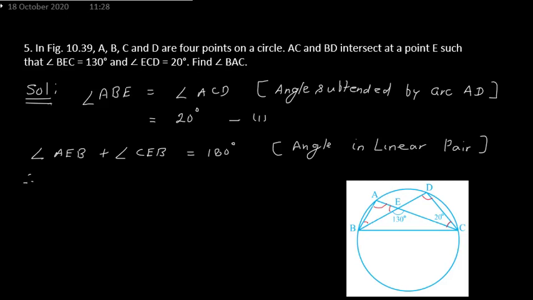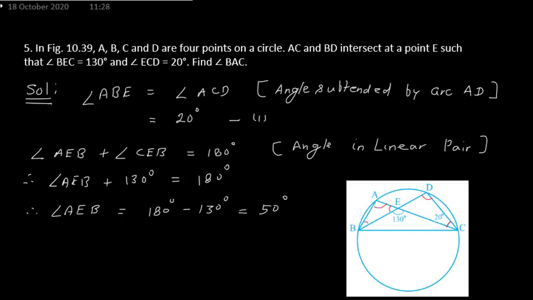Therefore, this angle AEB we don't know, angle AEB plus this, we know it is 130 degrees, will be equal to 180 degrees. So therefore, I will get angle AEB is equal to 180 degrees minus 130 degrees is equal to 50 degrees. So angle AEB we got 50 degrees. I will consider this as equation 2.